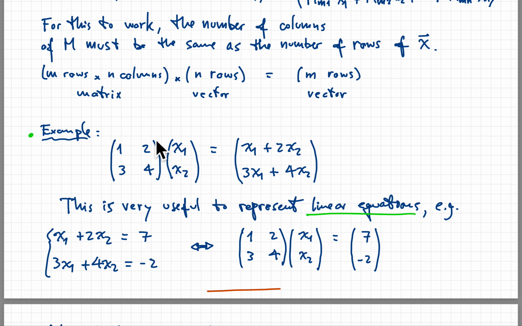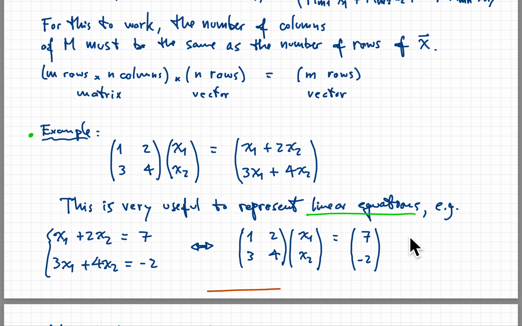Suppose that you have this type of system of equations, then you can represent it by saying that this matrix by this vector has to equal the right hand side, which is 7, minus 2. Because by doing this operation, 1, 2 by x1, x2, and 3, 4 by x1, x2, you obtain this result up here. And this equal to 7 is the first equation, and the bottom equal to minus 2 is the next equation. So you see that this is a very compact way to represent a linear equation.